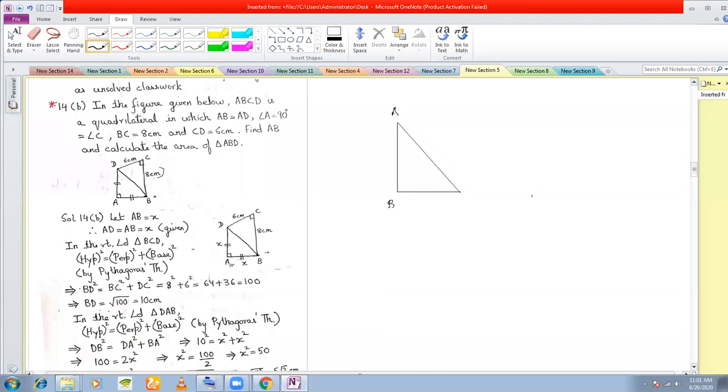If you have a right angle triangle ABC in which these two are equal, then it is called an isosceles right angle triangle. You will never come across a right angle triangle in which the hypotenuse is equal to the perpendicular. Okay, you will never come across. Let me draw this. You will never come across this kind of a right angle triangle.